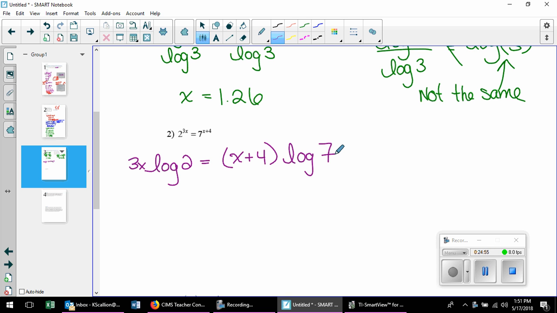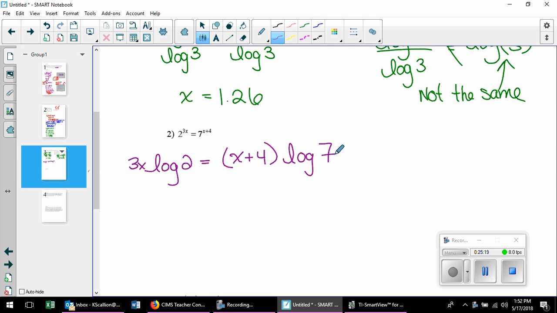How come they need to be in brackets? Because it's one exponent. That whole thing is multiplied by log 7. What's the base on the logs? So what you're going to do is some distribution.